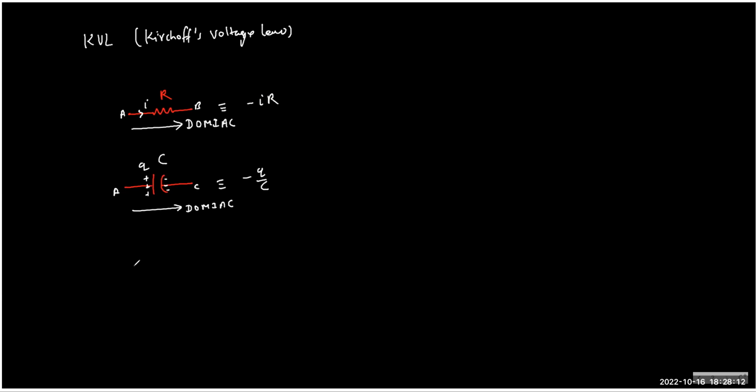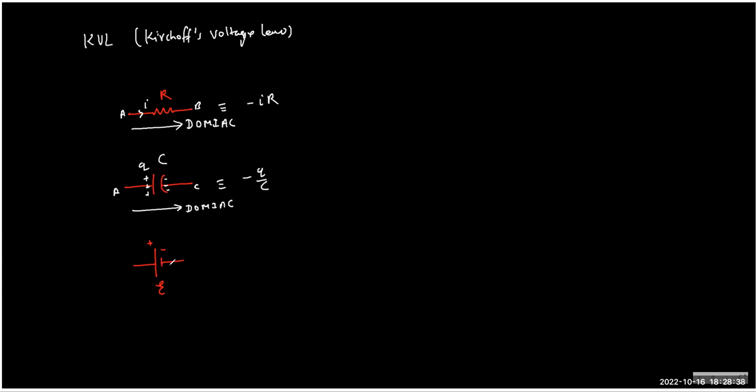Now, when it comes to the cell, we are considering an ideal cell of EMF E. The cell will have plus and minus by default, and it doesn't depend on the current direction.